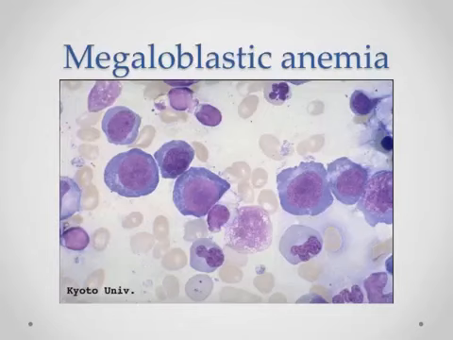Sometimes we can see nuclear lobulation, nuclear fragmentation, nuclear segmentation, and sometimes also mitotic figures of the erythroid series. This picture we call megaloblastic features, which we can see in megaloblastic anemia that has many causes.